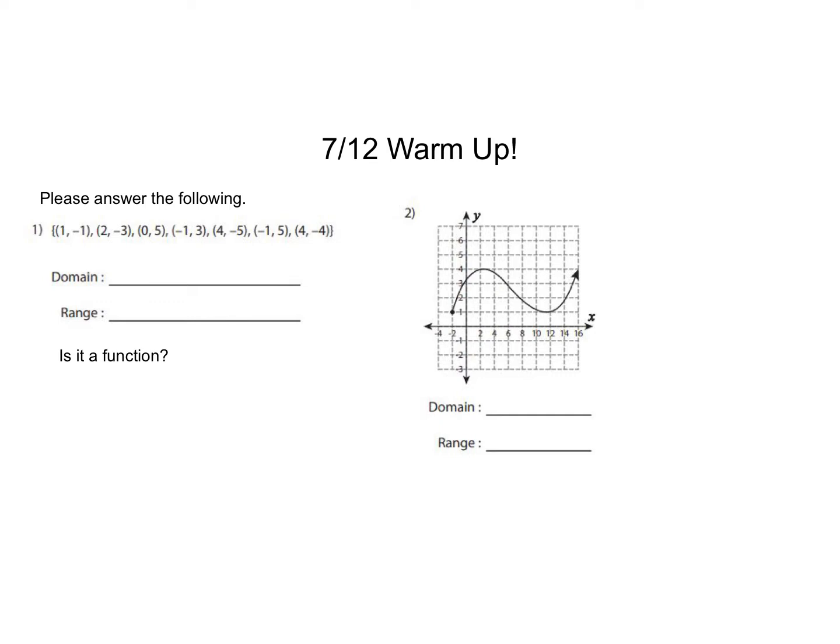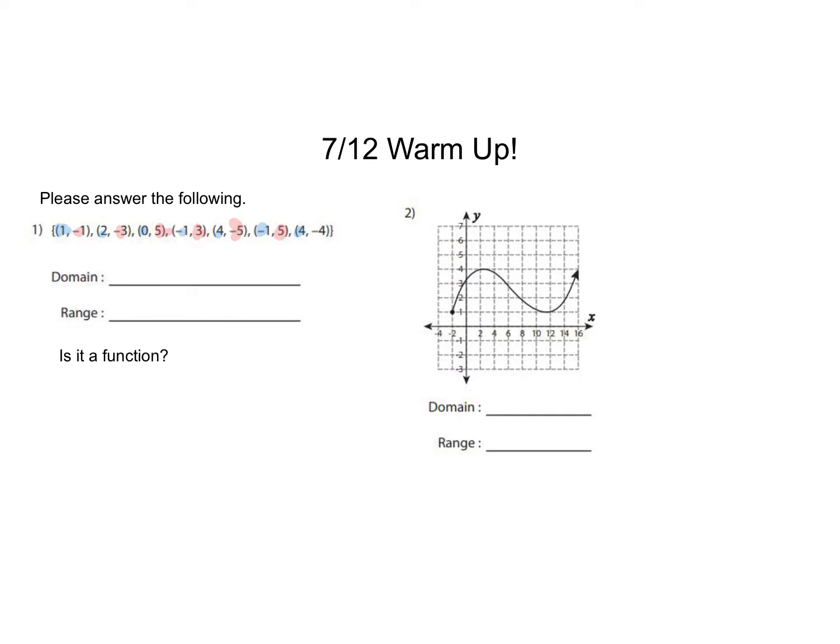For our domain, we just take our x values, which is what this person did, and then that would be our domain. And then for our range, we just take our y coordinates, and it's okay for our y coordinates to repeat, but it's not okay for our x coordinates to repeat, especially if they repeat and they're going with a different number.